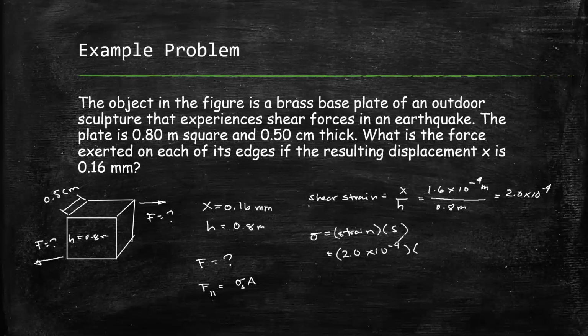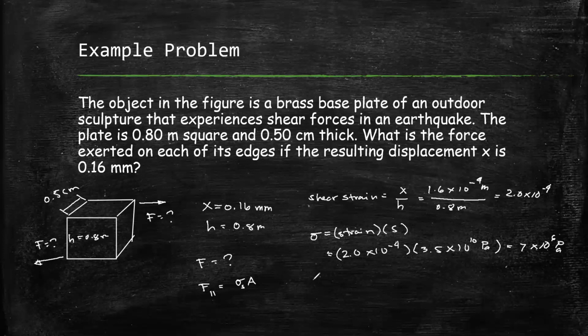Again, your assignment is to look for the value of Young's modulus, bulk modulus, and shear modulus of common materials. For a brass material, the shear modulus is equal to 3.5 times 10 raised to 10 Pascal. Therefore, our stress is equal to 7 times 10 raised to 6 Pascal.